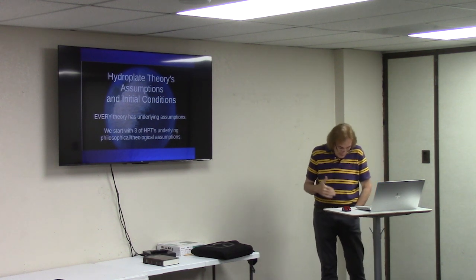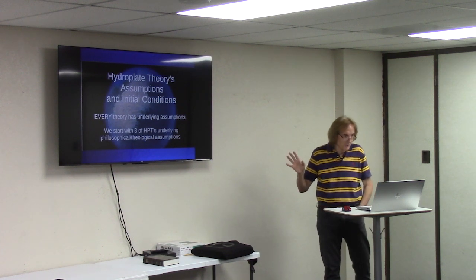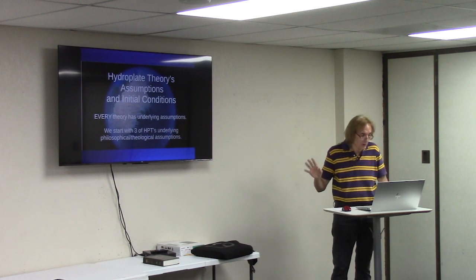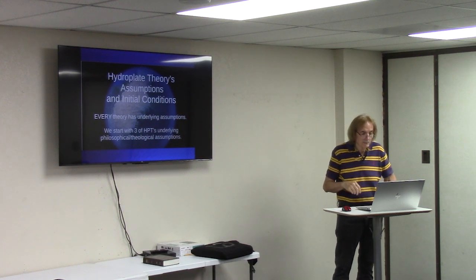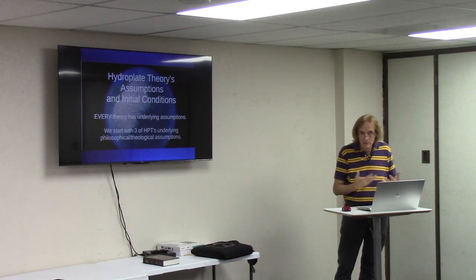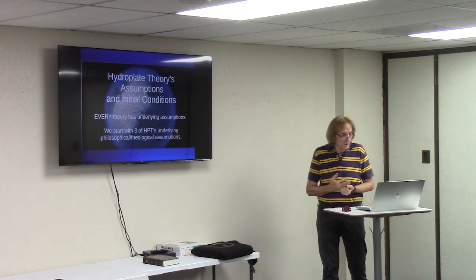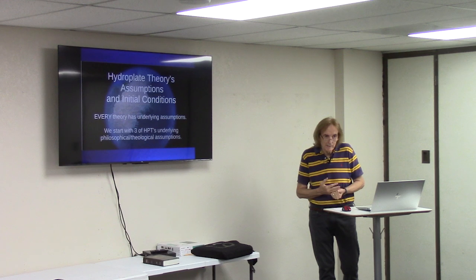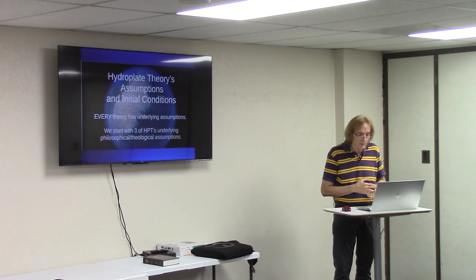So last week we left off by showing a short video from Walt Brown, who's the developer of what's called the Hydroplate theory. There are three basic theories that are typically used by creationists to describe the flood. One is called catastrophic plate tectonics, which I think has a lot of serious scientific and biblical issues.